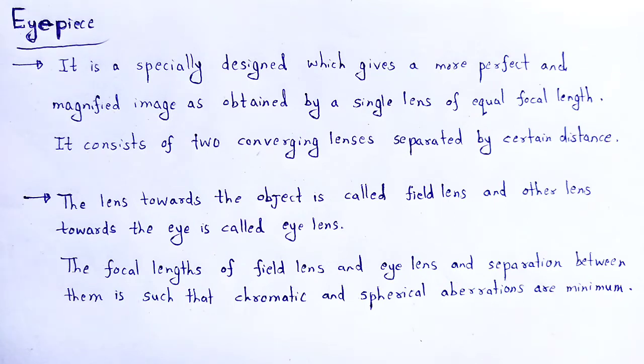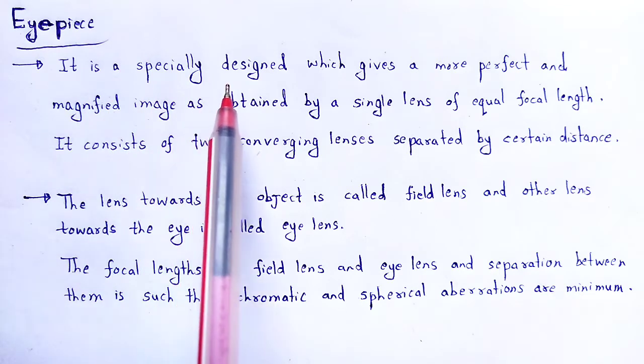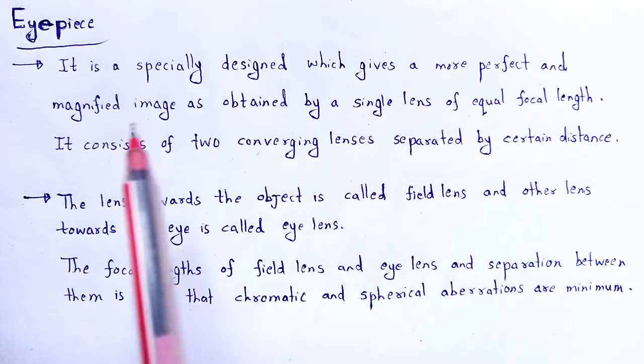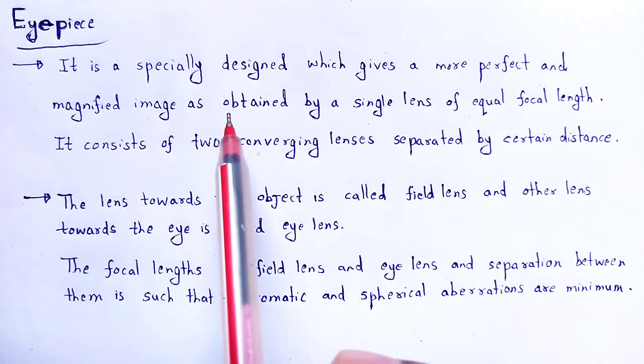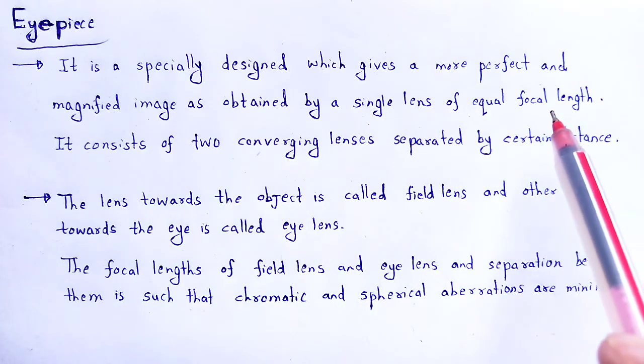In this video, we are going to discuss Huygens' eyepiece. Let's begin. Basically, an eyepiece is a specially designed system which gives a more perfect and magnified image than that obtained by a single lens of equal focal length.